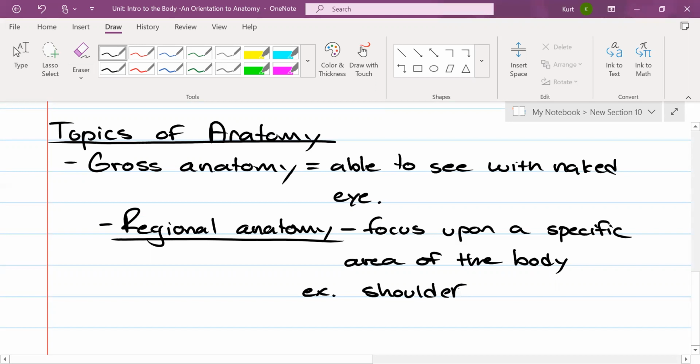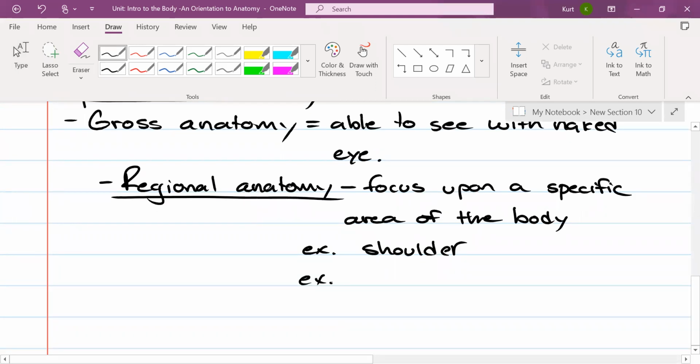There are doctors called ENT doctors. Anybody know what that stands for? Ears, nose, and throat. So another example, a doctor, whether you're Moffitt, you look at ENT cancers. So ENT, ear, nose, and throat. That would be another example of regional anatomy.